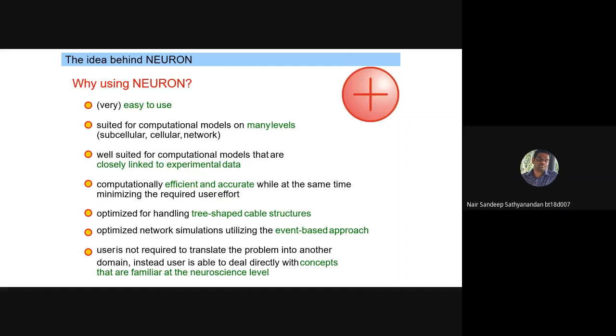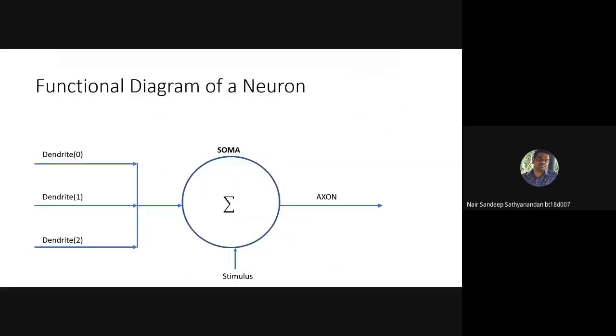It is used for simulations utilizing the event-based approach, like action potentials and synaptic inputs. Another important thing is that we need not go into the detailed mathematics of the differential equations. We can model it directly with concepts that are familiar at the neuroscience level. So this is a functional topology of a neuron. This is how we will model.